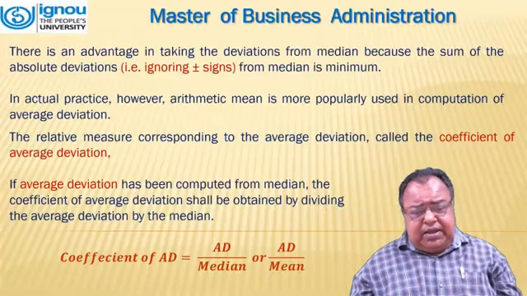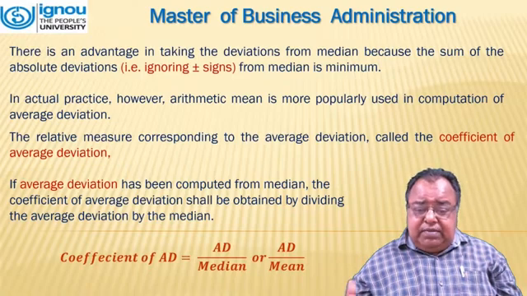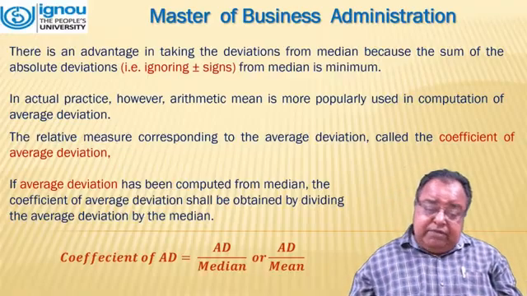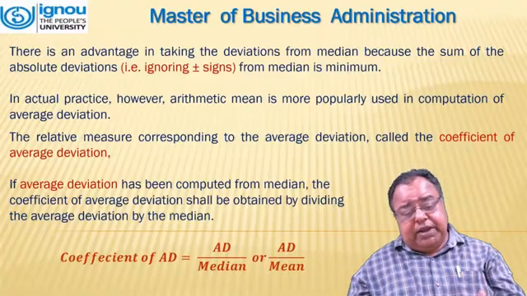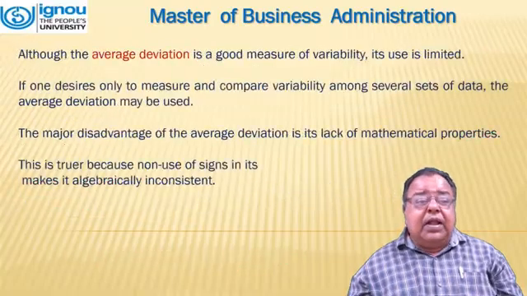Average deviation can be computed from median. The coefficient of average deviation shall be obtained by dividing the average deviation by median. If we are considering median, the average deviation will be divided by median. And if we are evaluating in terms of mean, it will be average deviation divided by mean.